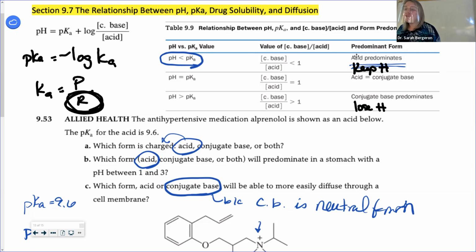If you keep your hydrogen, you're an acid. If you lose your hydrogen, you're a conjugate base. So now, what happens when my pH is exactly the same as my pKa? I'm going to have 1/2 in the acid form. I'm going to have 1/2 of my molecules in the conjugate base form. So half of them will have the hydrogen and half of them won't. Isn't this so cool?